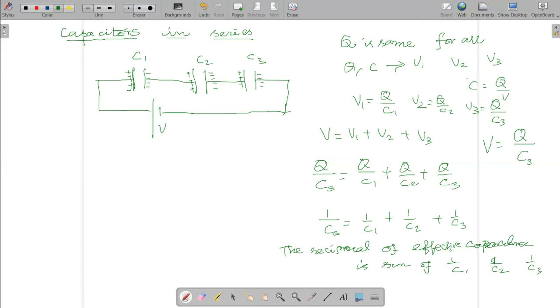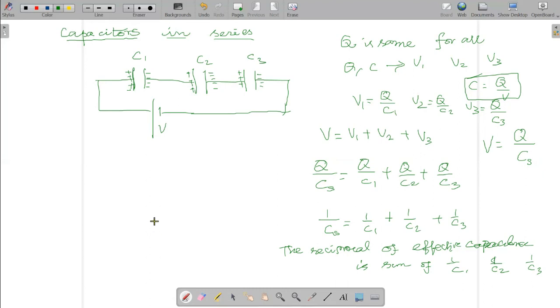We know the general formula C equals Q by V. If you keep only this in mind, you can write Q equals CV or C equals Q by V. So V1 equals Q by C1, V2 equals Q by C2, V3 equals Q by C3, V equals Q by the combined capacitance or capacitance in series, the effective capacitance. We substitute everything and take Q common. When writing this, it is very important: the reciprocal of the effective capacitance is equal to the sum of reciprocals of the individual capacitors.